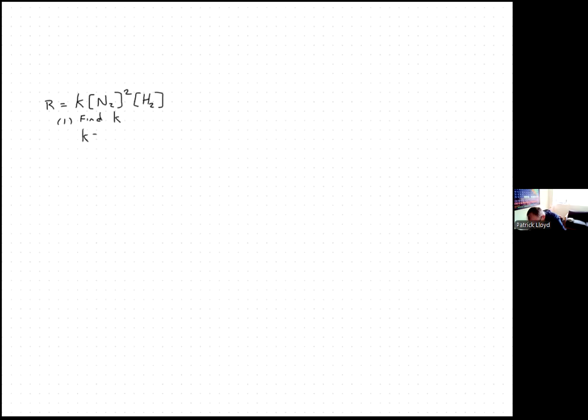If you take the rate and you divide it by N2 squared and you divide it by H2, that would just leave k on the right side. So you'd have k times concentration of N. Oops, sorry, my mistake. Let me erase this.